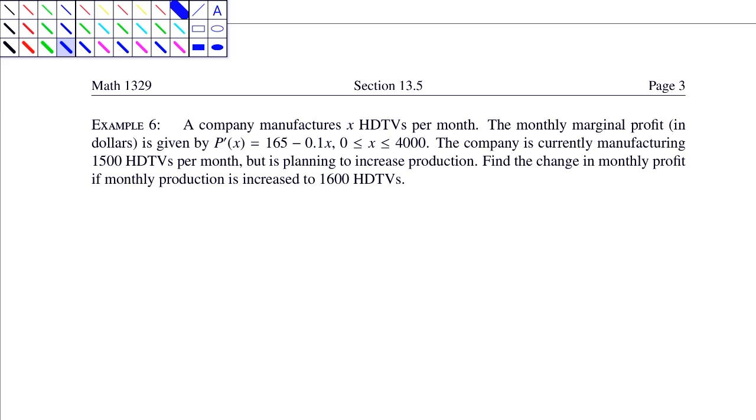That's how old I am. Log tables. Not that kind of table. That is the wrong table. There we go. There it is.